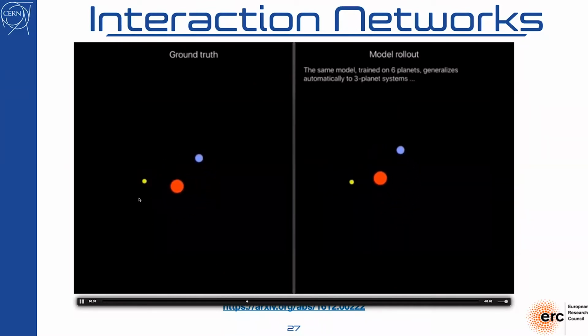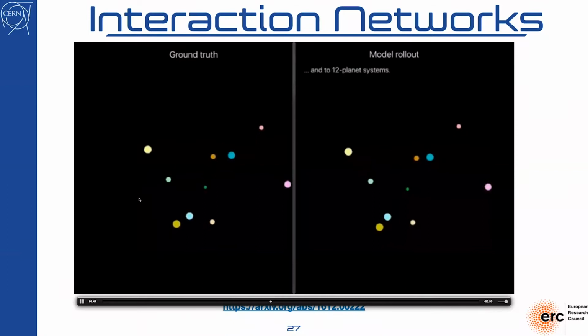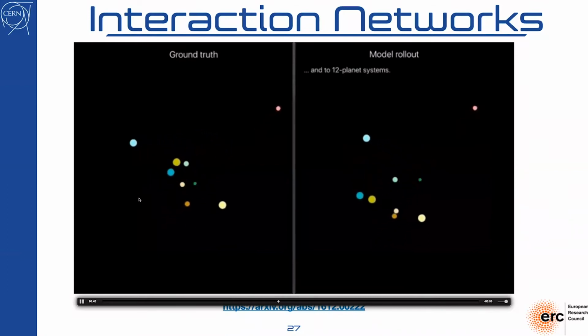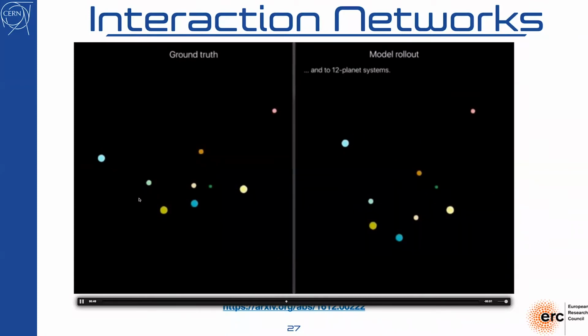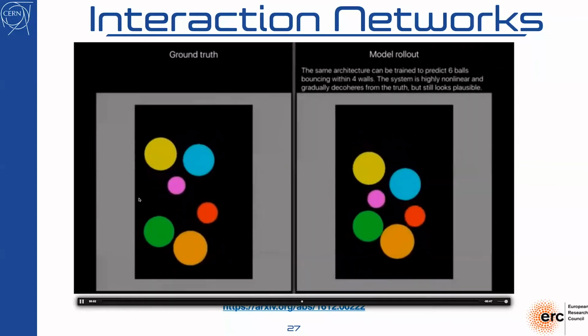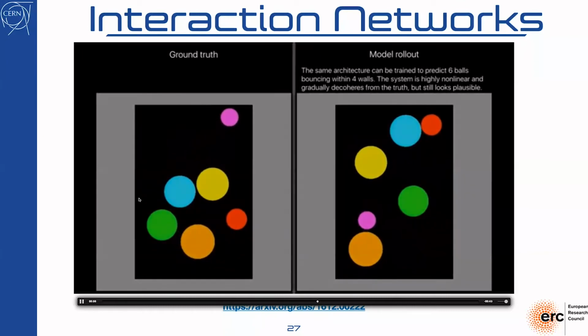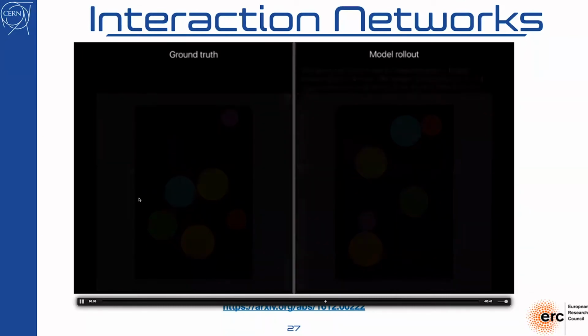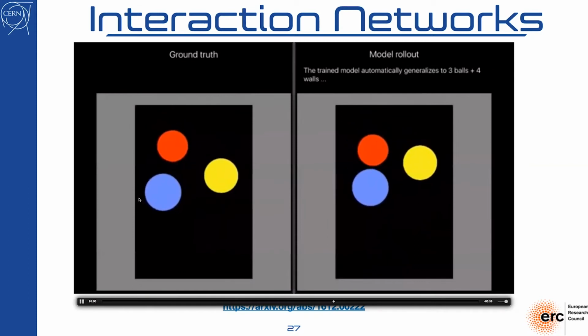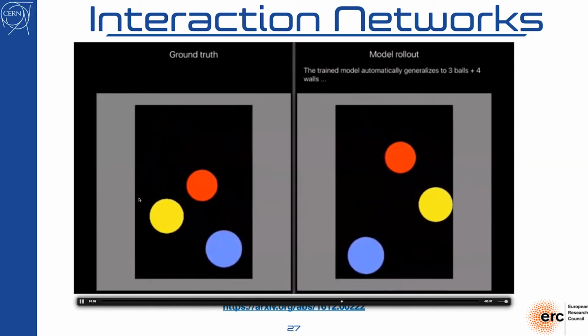And you do this with an interaction network. What you're effectively trying to learn here is Newton's law, without telling the network that Newton's law is what matters. And the network is trying to learn that. It's not exactly one-to-one to the ground truth, but it's very realistic compared with the things you see on the right, okay?